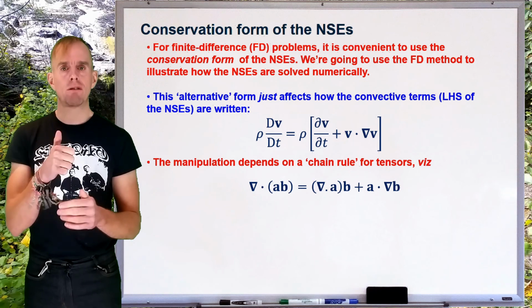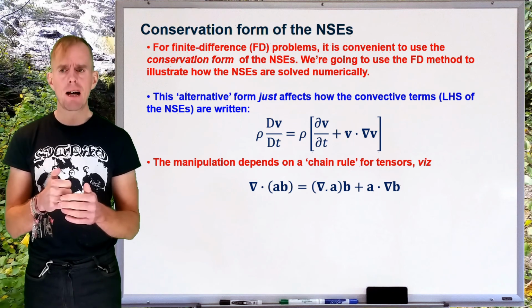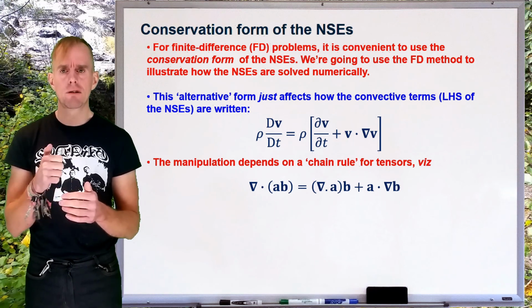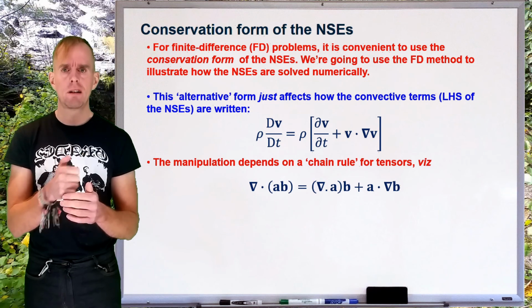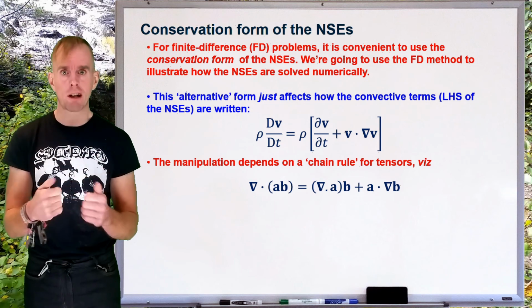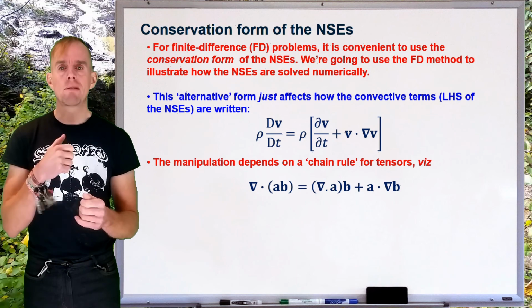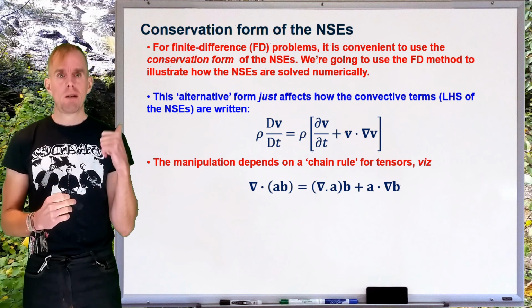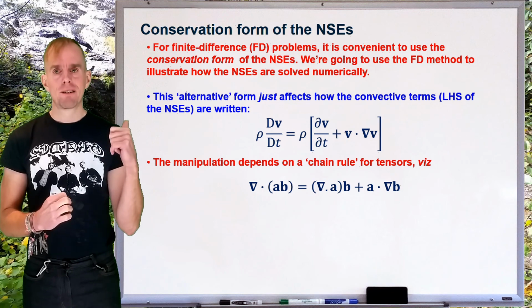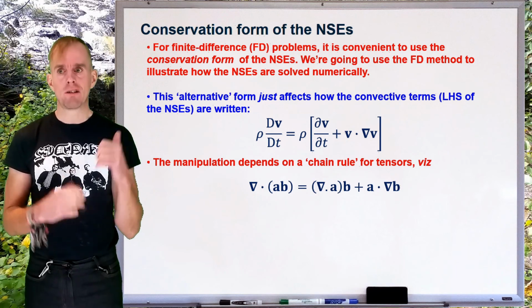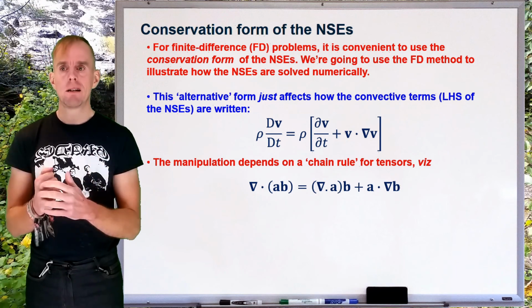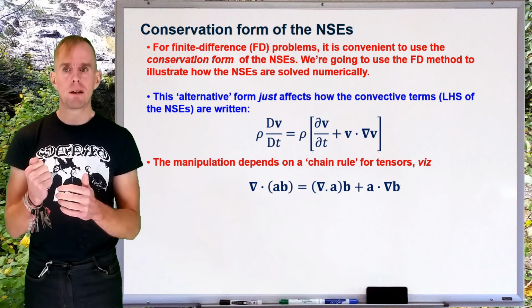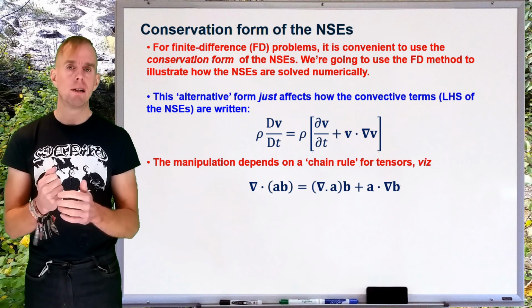Because grad is a vector and b is a vector. So we need vector dot tensor to give us vector again. And by tensor I mean second rank tensor. So a dot grad b will give us a vector. And so we've applied the chain rule here, but also we've applied the rule of rank homogeneity. So del dot ab is del dot a times b plus a dot grad b.